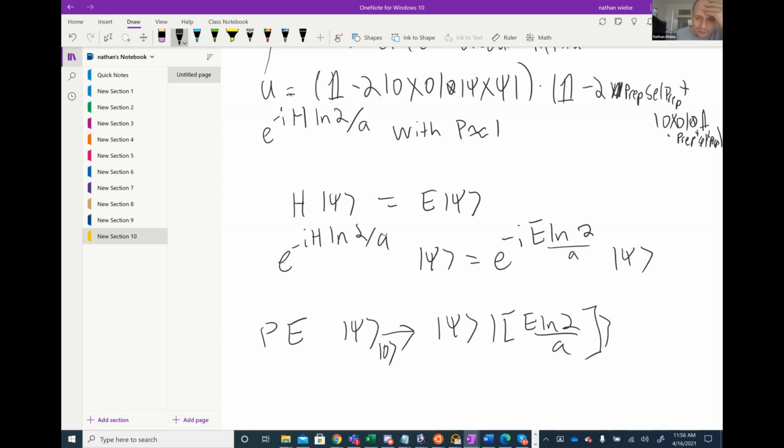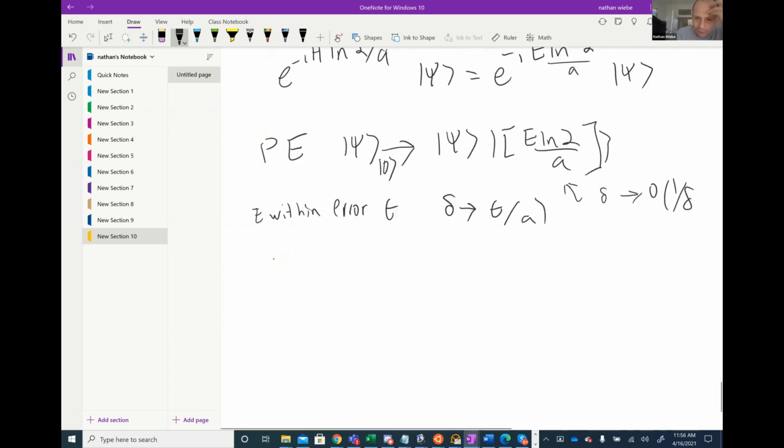So since the cost of doing this within error delta is order 1 over delta, if we want to learn E within error epsilon, then we need to take delta to go to epsilon over A, and therefore the cost of doing this is order A over epsilon, up to logarithmic factors.